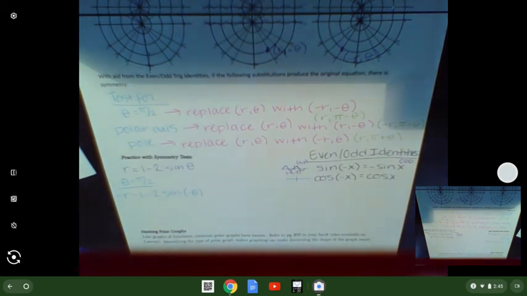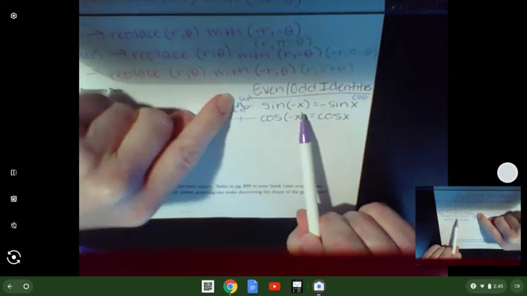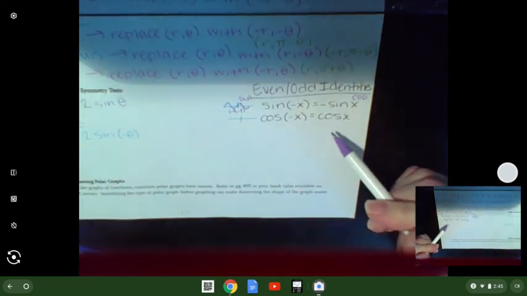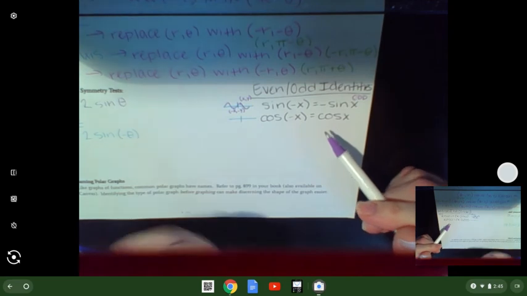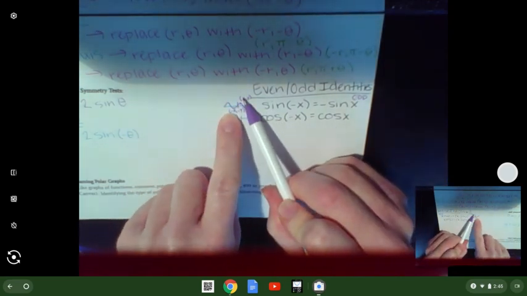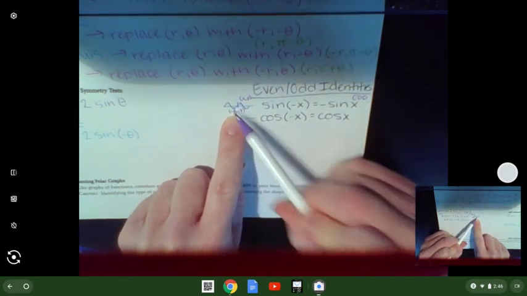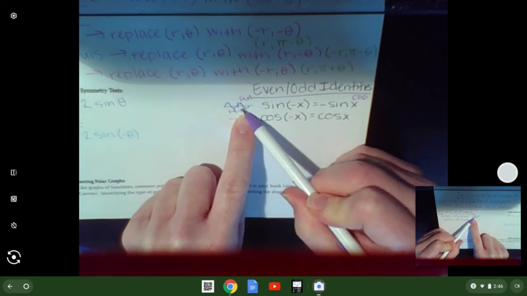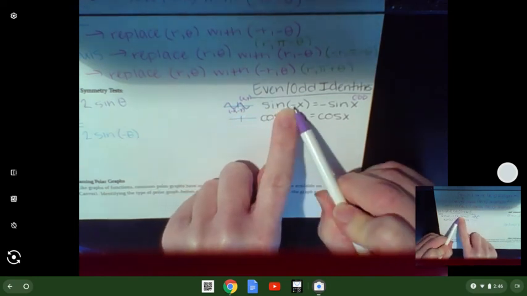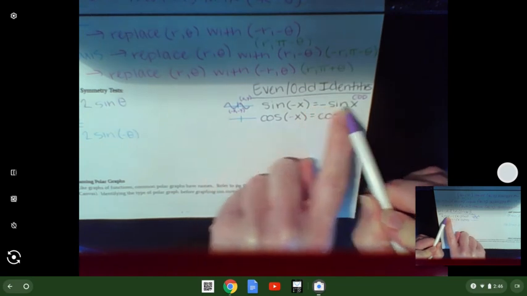In other words, for any function that is odd, if I take my original function, the sine of x, and I plug in the opposite input, that's what that negative in front of the x signifies, then I get the opposite output. So for sine, when I plug in the opposite input, I get out the opposite output.